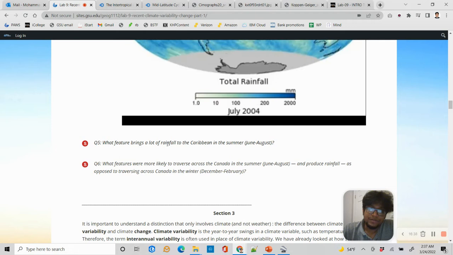What feature brings a lot of rainfall to the Caribbean in the summer, and what features are more likely to traverse across Canada in the summer and produce rainfall? So where is the Caribbean region?